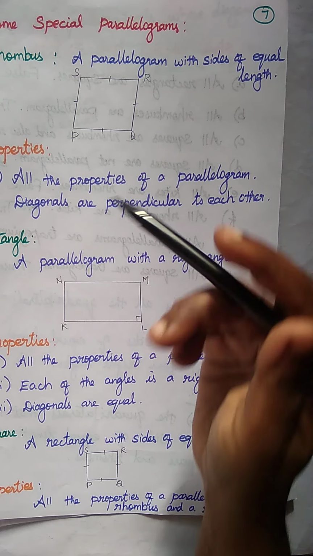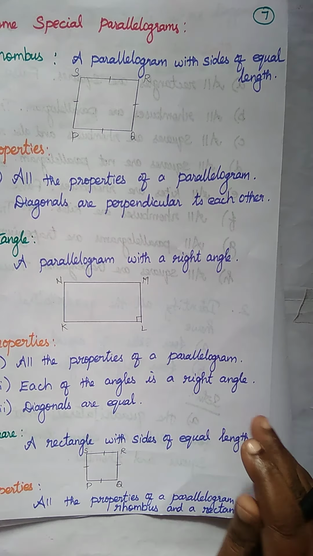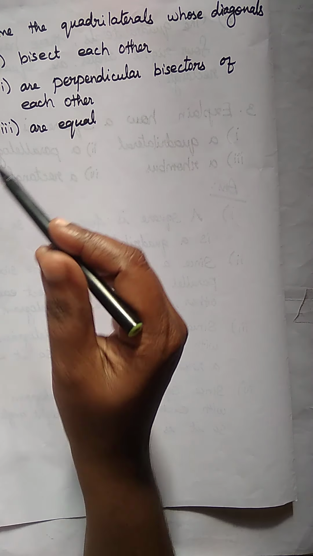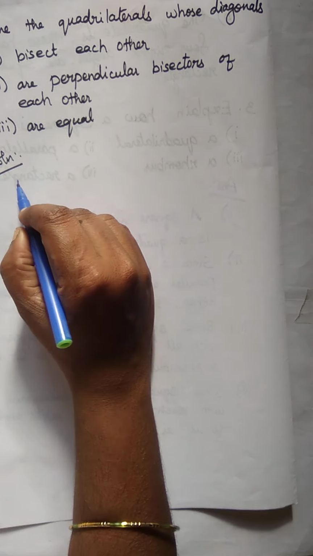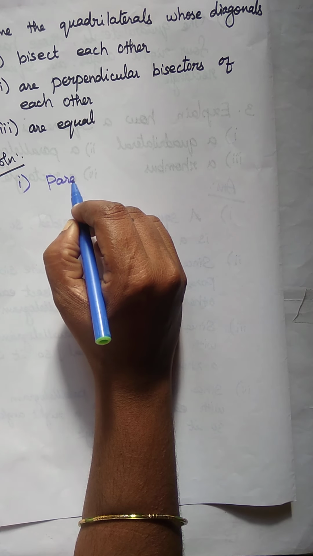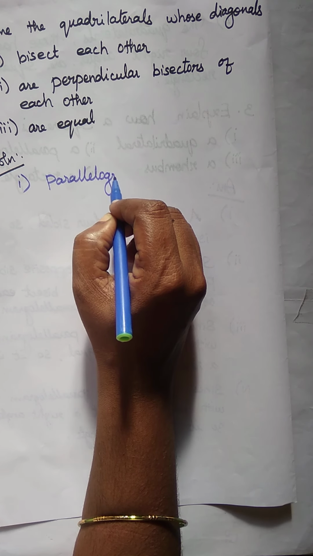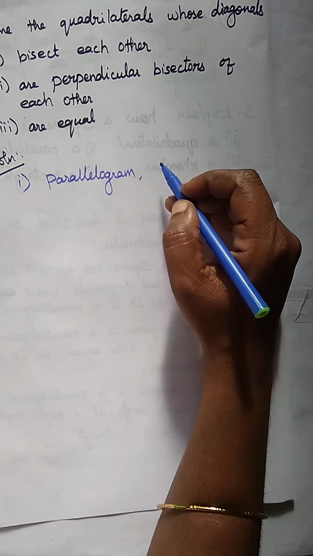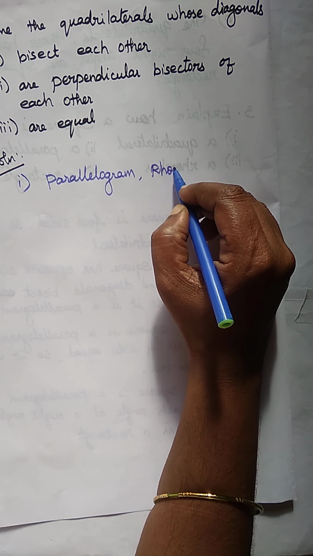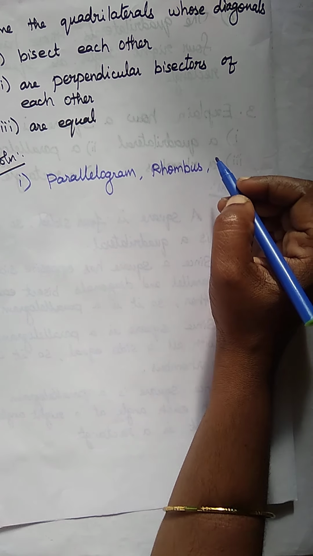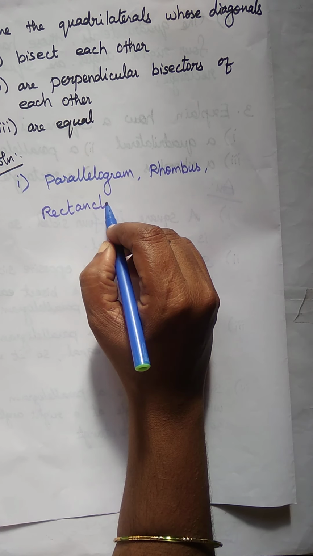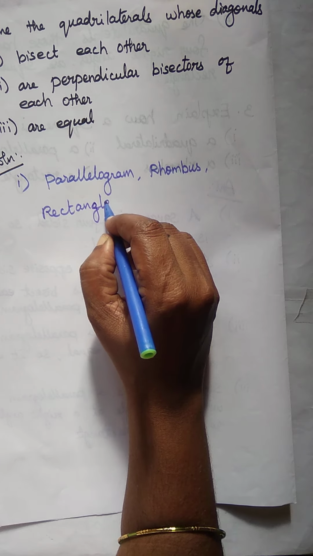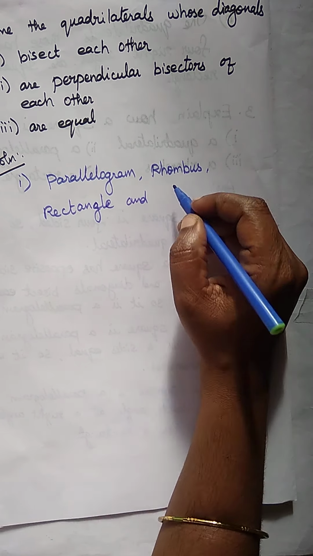So parallelogram, rhombus, rectangle and square are the quadrilaterals whose diagonals bisect each other. ஓகேவா?